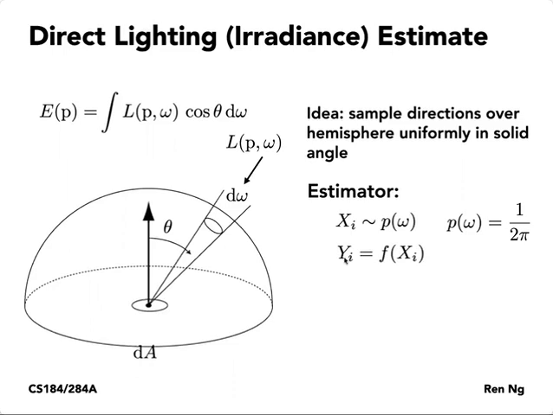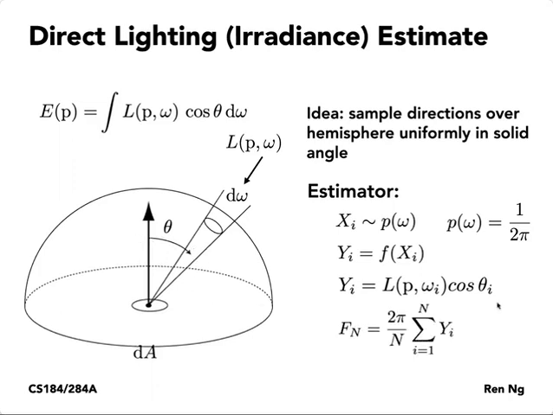Then we have y sub I, the thing we're going to integrate, equal to f of x sub I, and we can define y sub I to be this expression inside the domain here, okay? It's L of P comma omega sub I, where omega sub I is the random direction, times cosine theta I. Cosine theta I is just this Lambert's law correction term here.